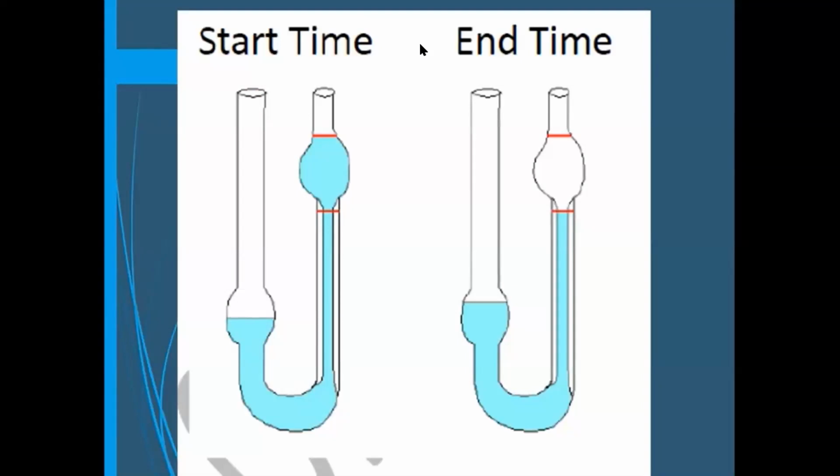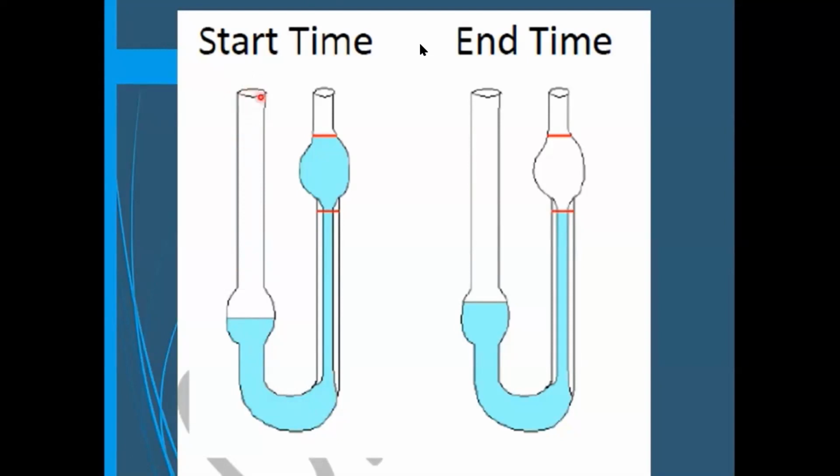Now I have the polyvinyl alcohol solution. Take 15 ml, which must be the known volume we need, of this polyvinyl alcohol solution and put it inside the Ostwald viscometer from this side.